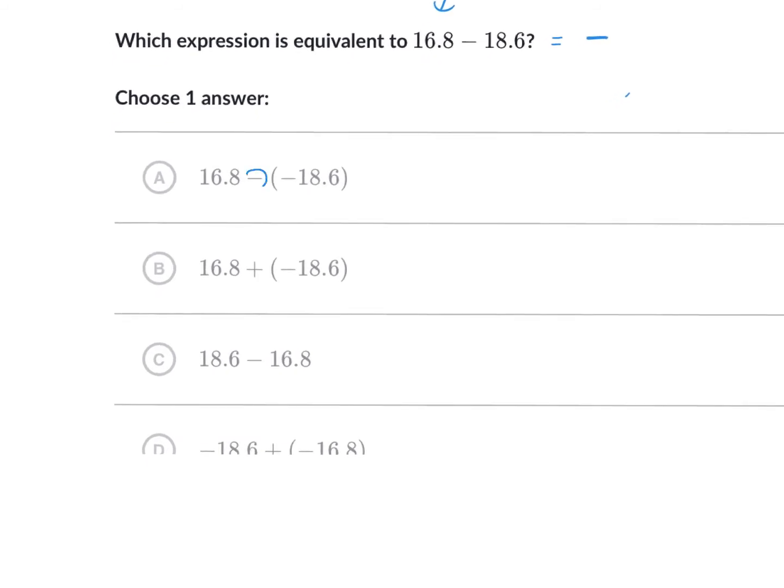I know here I have a negative and a negative. That gives me a positive, so this wouldn't be it. Let's take a look here. Oh, yep, that's right. Miss Fieman said when we have a positive right next to a negative, the negative wins. So this question matches exactly up there. So that's how I know my answer is correct.